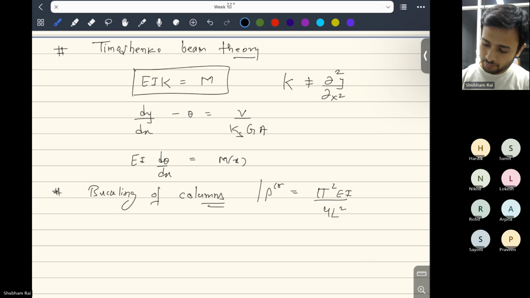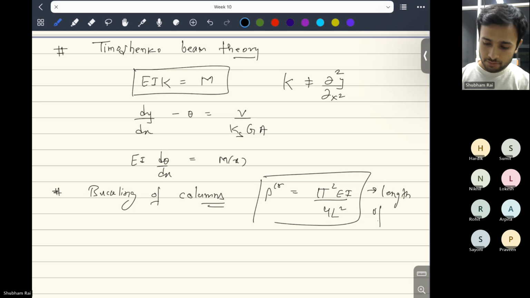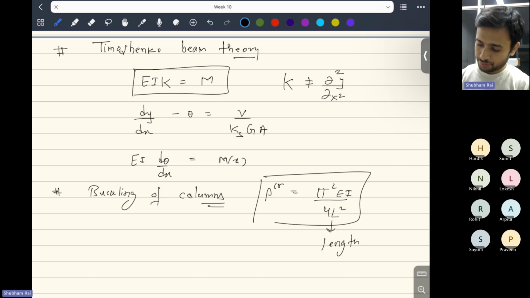So it was for a particular kind of boundary condition. You can just see what kind of boundary condition was there in the lectures. So L was the length of the column here. So it's not a general formula, it's for a particular boundary condition.